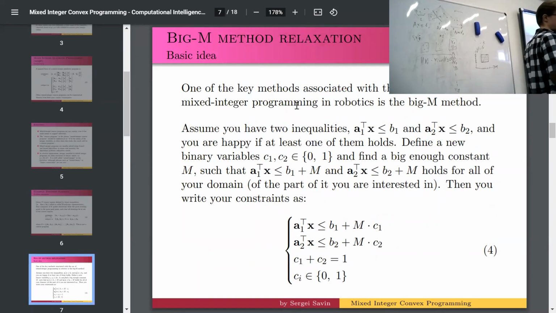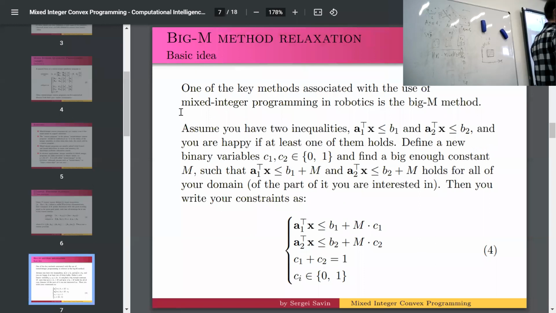Well, we need to learn something that is called Big-M. Let me minimize the screen a little bit. Big-M method. Big-M is at the core of the usefulness of mixed integer programs for quite a few robotics applications. Not for all of them, but for quite a few. Big-M is a key idea that you need to understand.